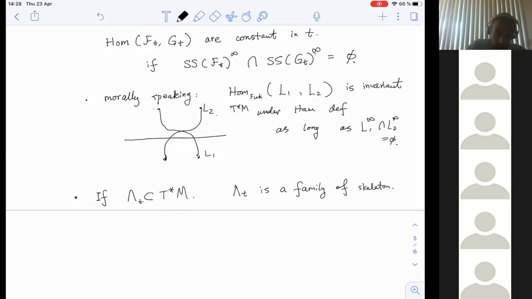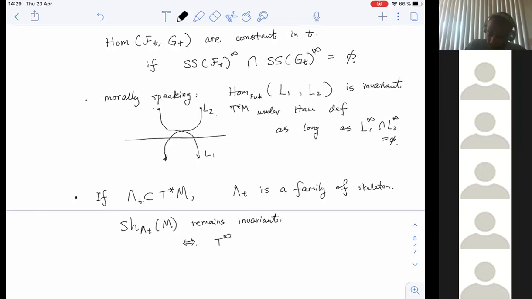Well, then one can ask, when does this family of categories remain invariant? So this remains invariant if and only if, well, we cannot say lambda t does not intersect with itself at infinity, but however, we can say something along that nature.